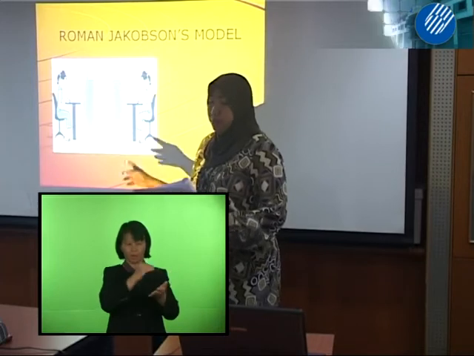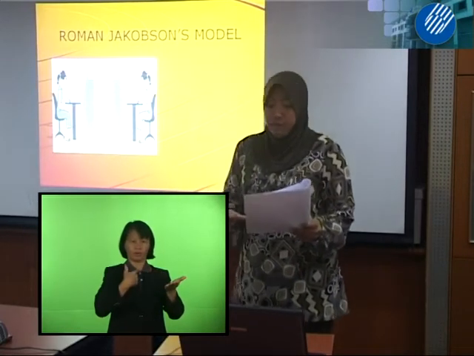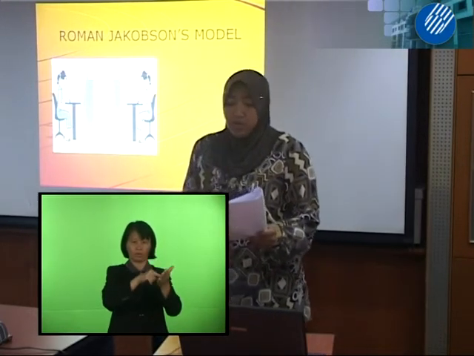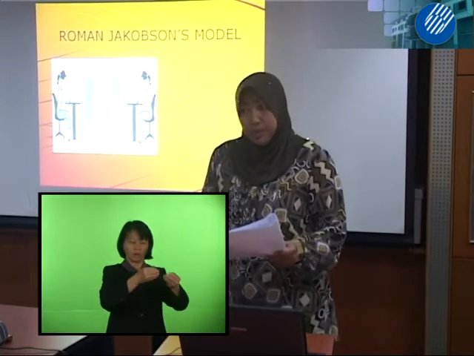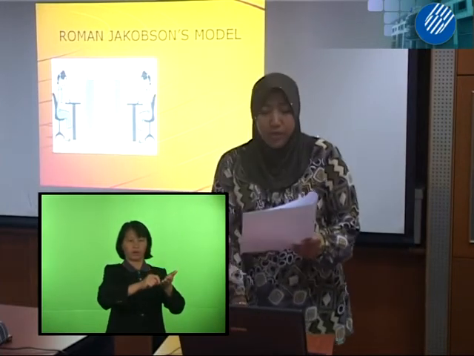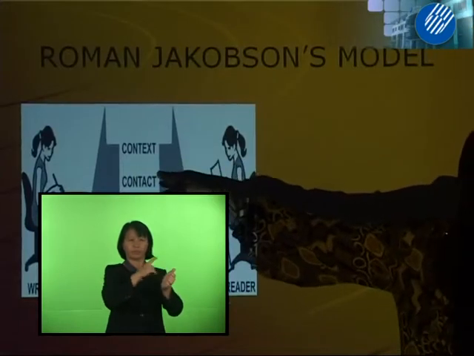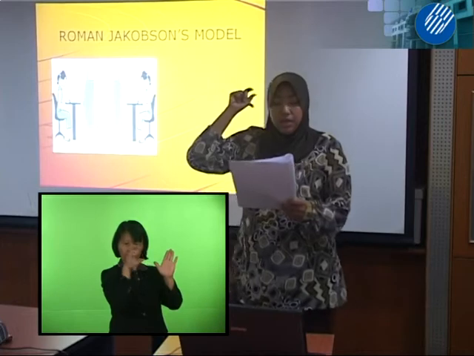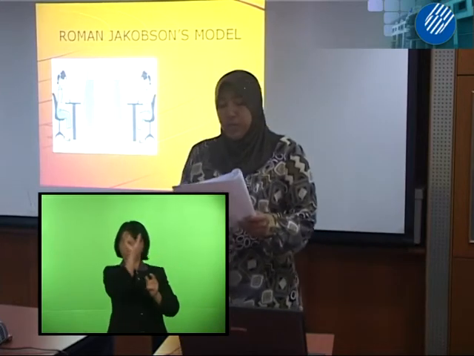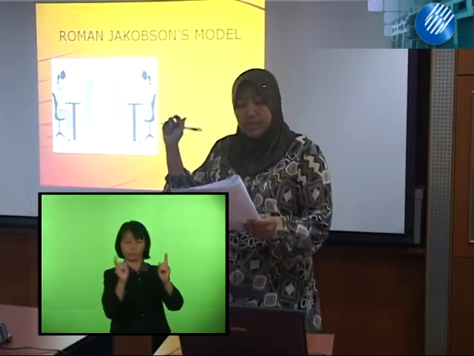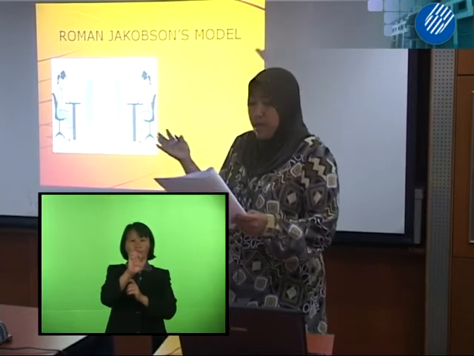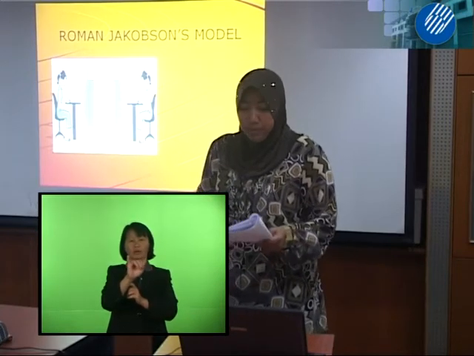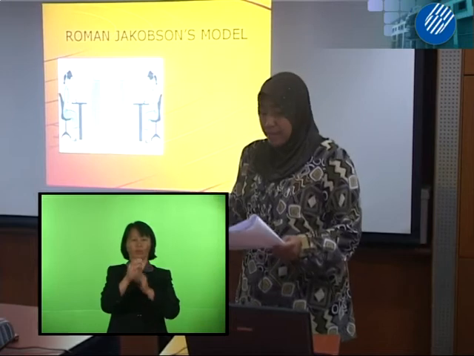This model helps to chart the purpose of a piece of writing according to which part of the model a purpose relates to. This contact here is your medium of communication. The contact can be something as simple as a poster on the wall, or something much more complex.